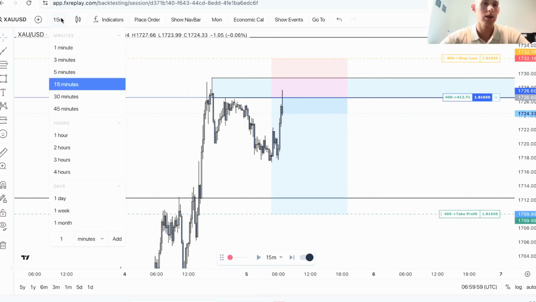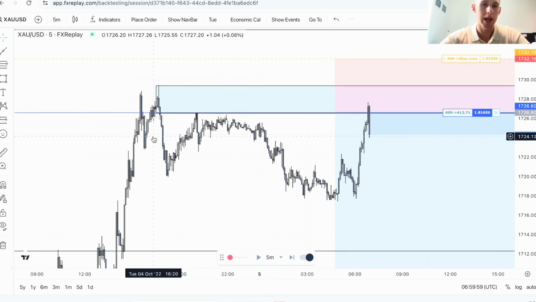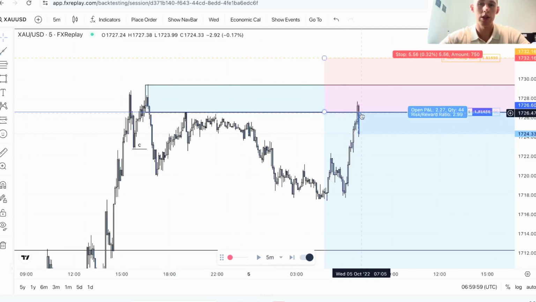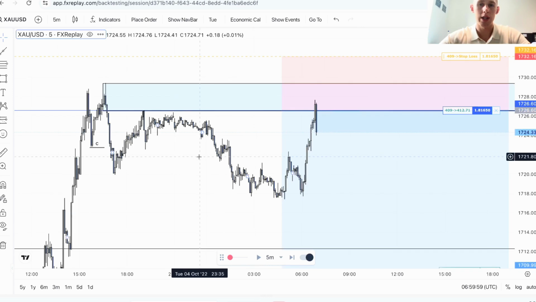Cool, so tagged in. The reason I like this is because price swept this high. We had that initial change of character just here. And we've had all of these people selling below that region, which just got swept. This was also Asia range actually as well.